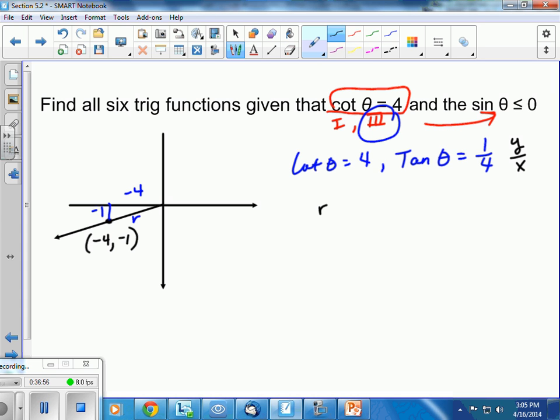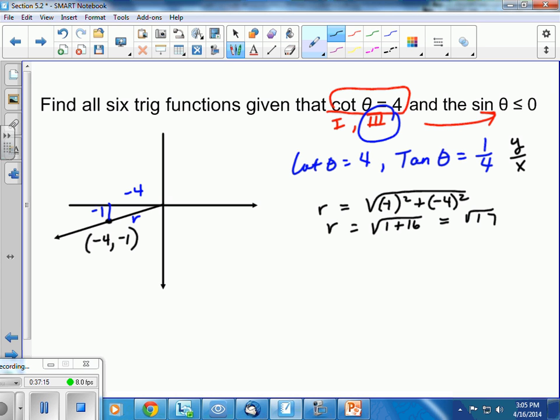So r is going to be equal to the square root of -1 squared plus -4 squared. And of course, r would be equal to the square root of 1 plus 16, which of course is the square root of 17.